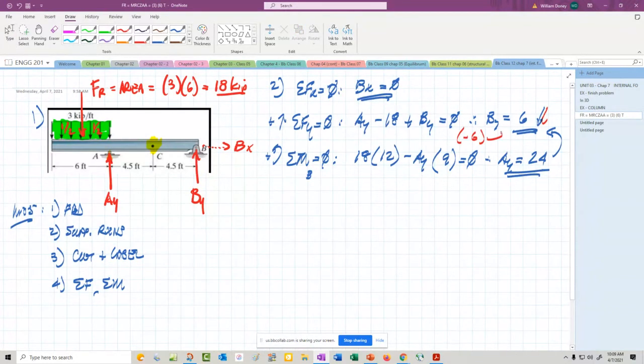Right, ends up being a negative 6. So I translate that to, instead of being up, it's now going to be down. And that kind of makes sense because if this big 18 is pushing down about that roller at A, it's probably going to cause this right section to tip up. So we would change the direction of that to be down. And we'd have to remember that.